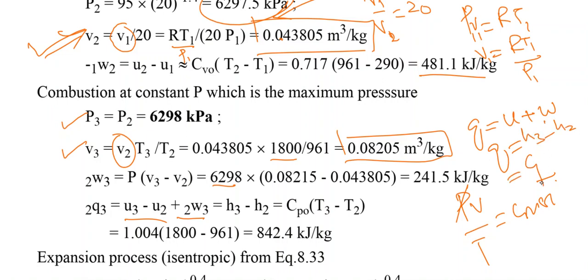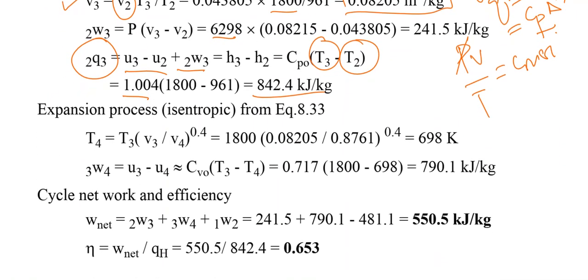So that is also equal to Cp delta T, and Cp for the air is equal to 1.004. T3 is already there, T2 is already there. So if we have already got the temperatures, you can simply use the equation, and the heat transfer from 2 to 3 would be equal to 842.4 kilojoule per kg.